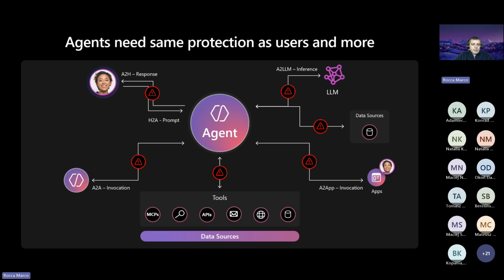But an agent may interact with another agent, or may invoke another application. Then the difference is that it's not an agent that goes to SharePoint, takes one document and creates a summary.